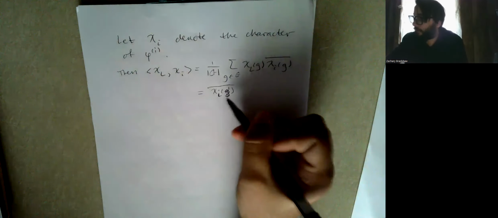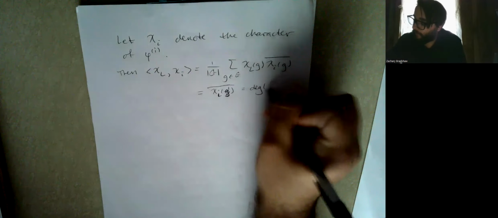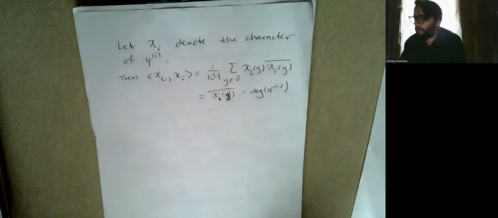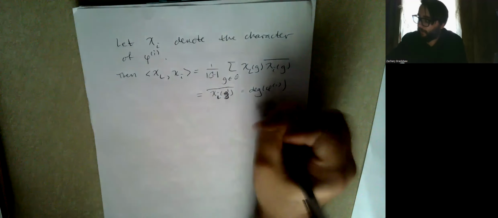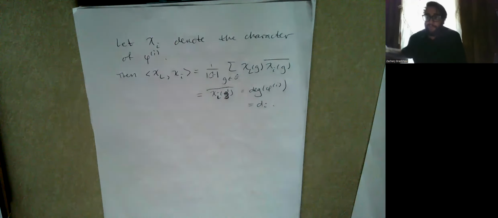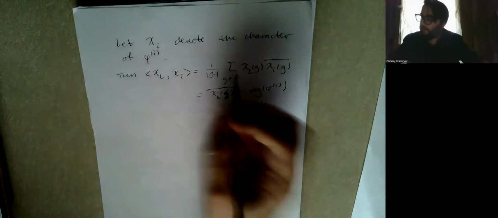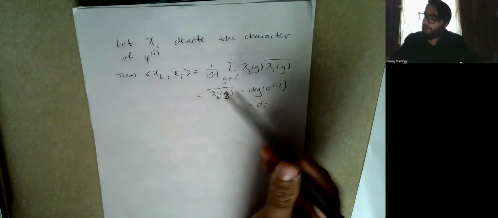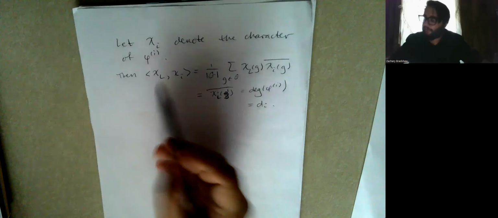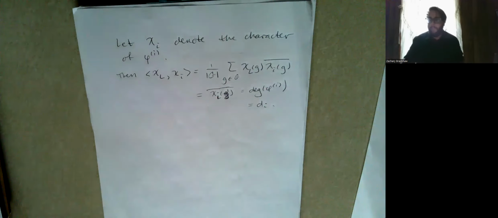Well, it's the degree of representation i, right? So this is the degree of phi_i. There's a conjugate there, but the degree is real, so it's irrelevant. And this is what we define to be d_i. Okay, and that completes the proof, because according to our decomposition theorem from last time, this tells us how much of the i representation is in the representation that we started with, the representation associated to this chi_L character, which is the regular representation.